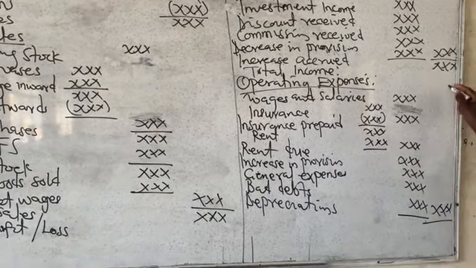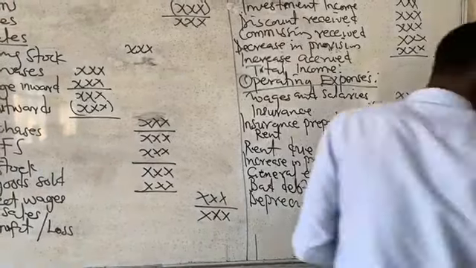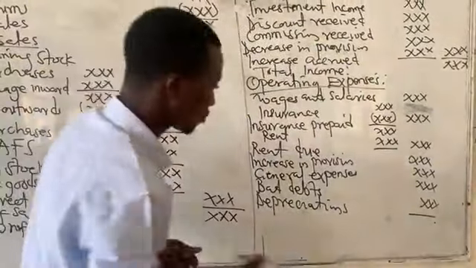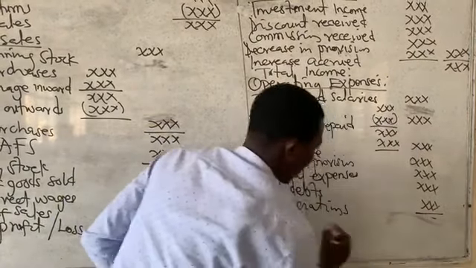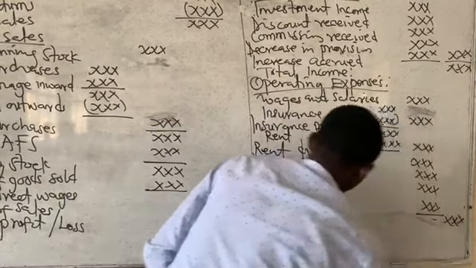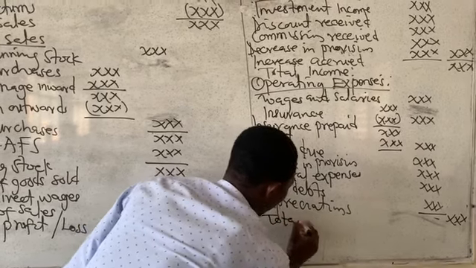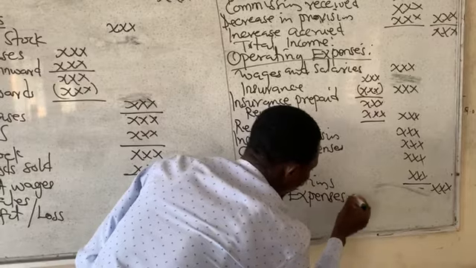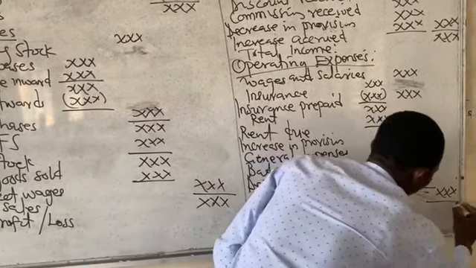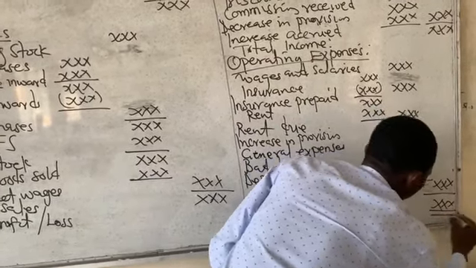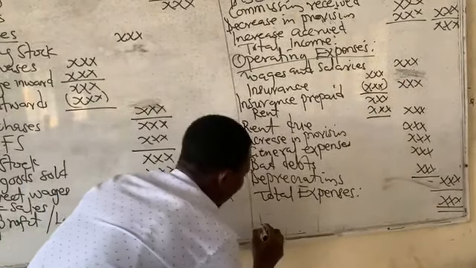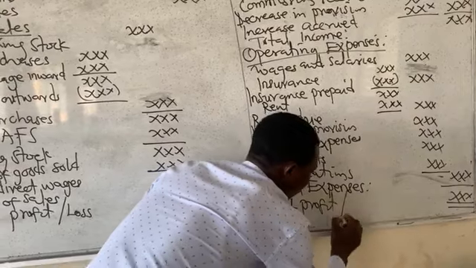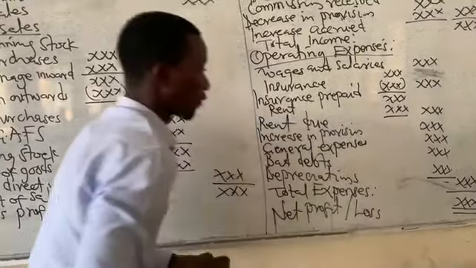So after we take our total expenses, after we underline this, the amount we will get here will be our total expenses. So we less our total expenses from the total income, then we get our net profit or loss.